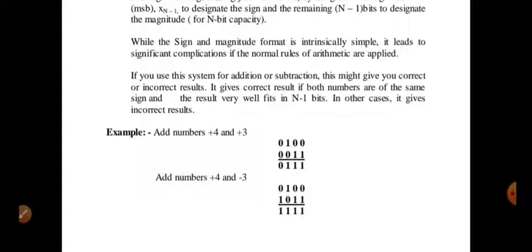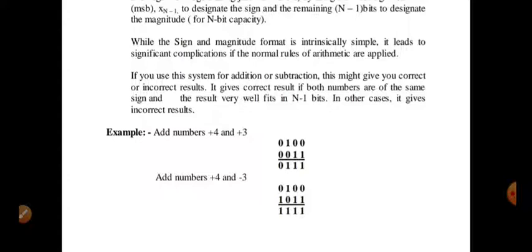If one number is positive and another one is negative, in that case what happens? See, the denotation of plus 4 is the same, 0, 1, 0, 0. Since the next number is minus 3, the minus sign will be denoted by 1 because it's a negative number.